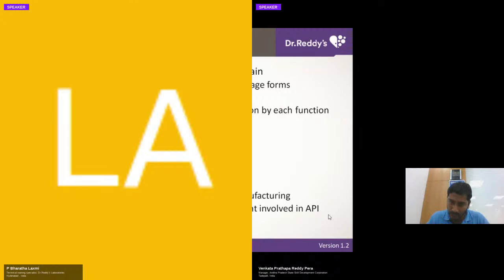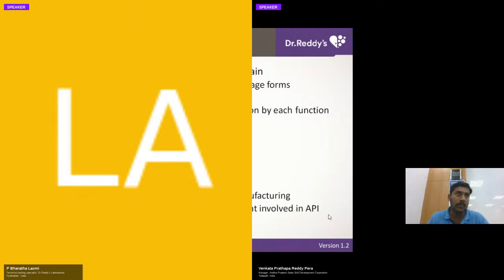Then drug product, which is the formulated one, with different types of dosage forms in formulation; a basic idea about the API process; the different departments in API manufacturing and their responsibilities; and some key terminologies in API manufacturing.